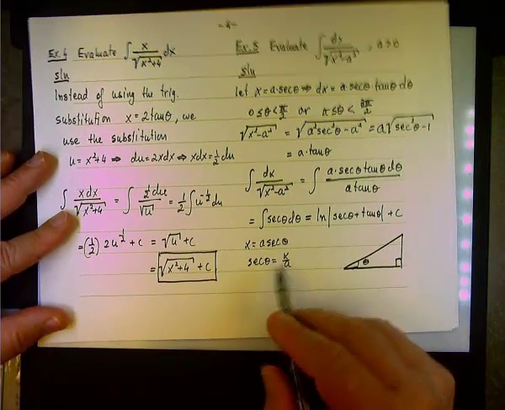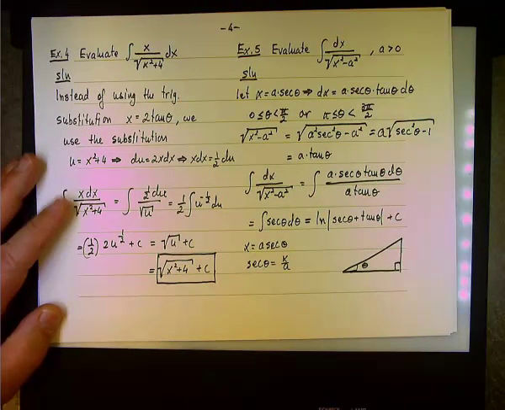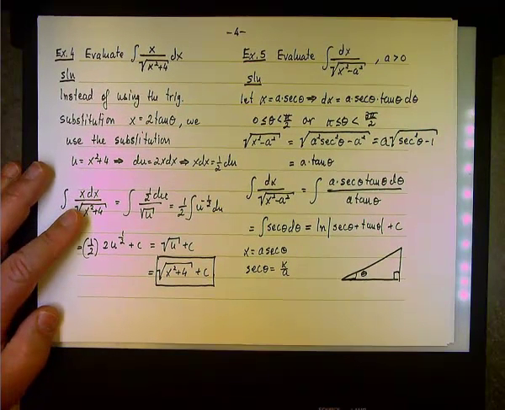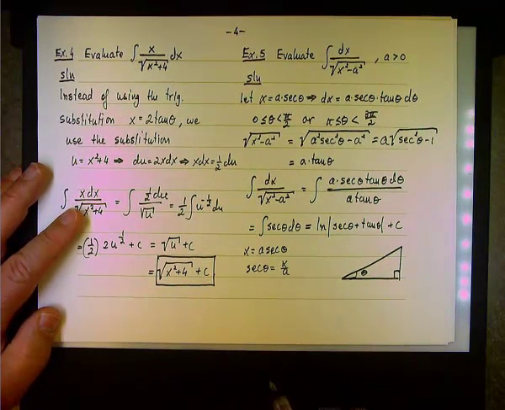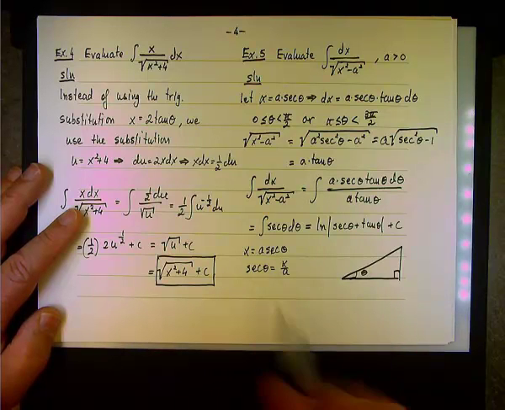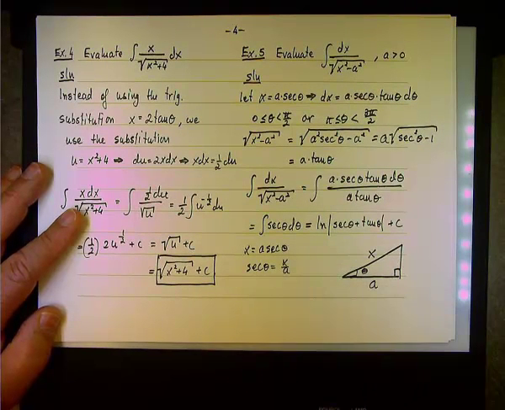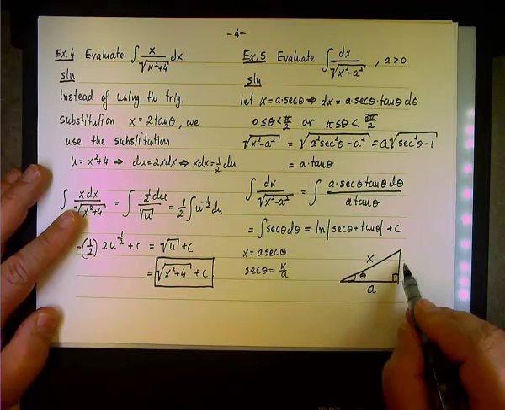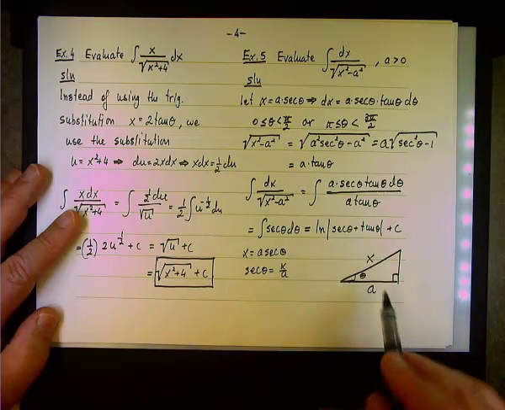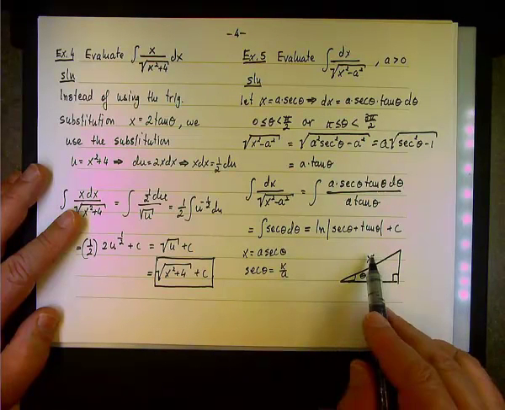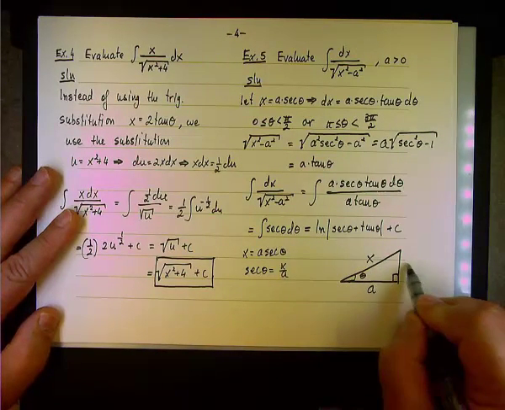And the cosine is adjacent over hypotenuse, right? The secant is the reciprocal, so it will be hypotenuse over adjacent. X over a: x will be the hypotenuse, a will be the adjacent, and what is the opposite? Well, by the Pythagorean theorem, this will be the square root of x squared minus a squared.